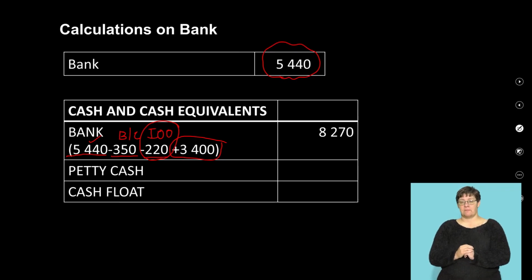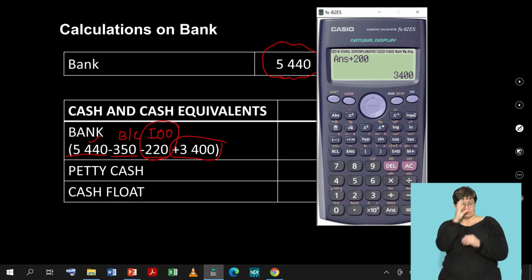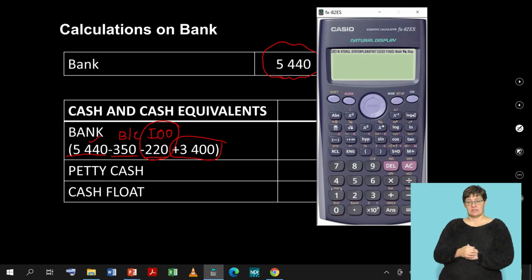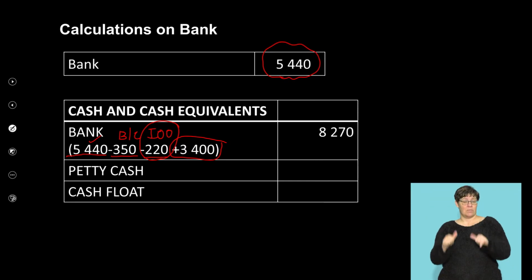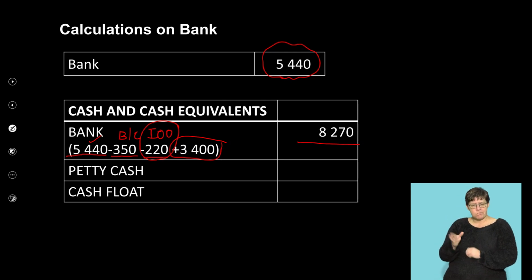So if we take all of that into consideration, you start off with 5,440 minus 350 minus 220 plus 3,400, and that gives me my new bank figure of 8,270.